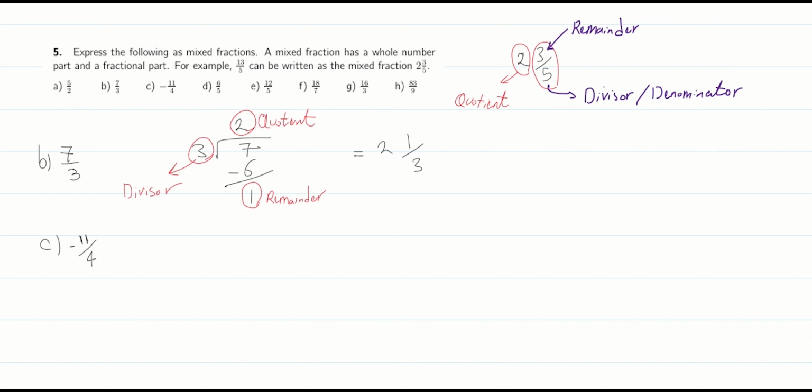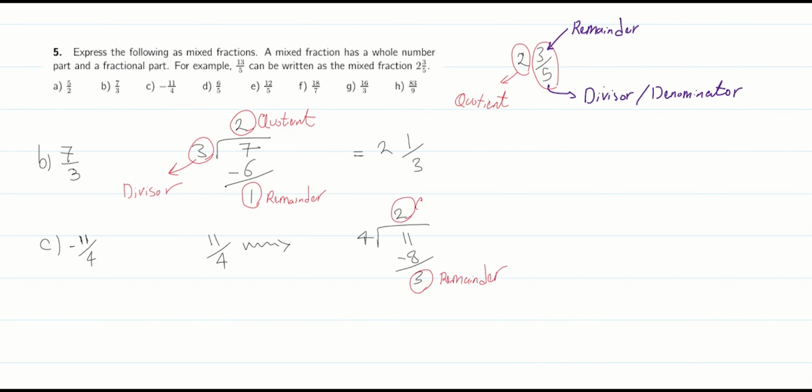So 11 over 4 can be written as 11 divided by 4. The quotient would be 2. Then we just multiply 2 by 4. It would be equal to 8. When we subtract 8 from 11, this would be equal to 3. So this would be the remainder.